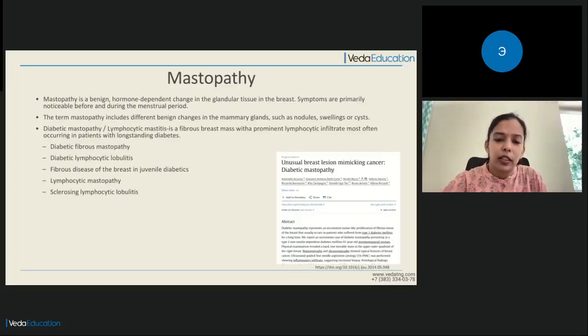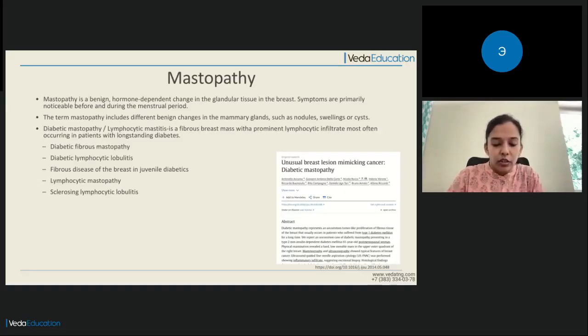This term was being used for any of the breast disorders earlier, like it could be specific or vague, but these days mastopathy is becoming more focused on referring to a benign hormone-dependent glandular change in the tissue of the breast. So it is hormone dependent and a physical change in the glandular tissue of the breast.